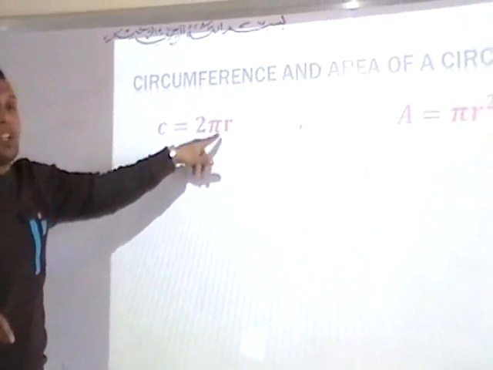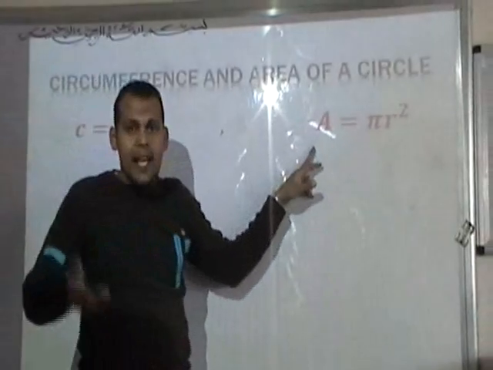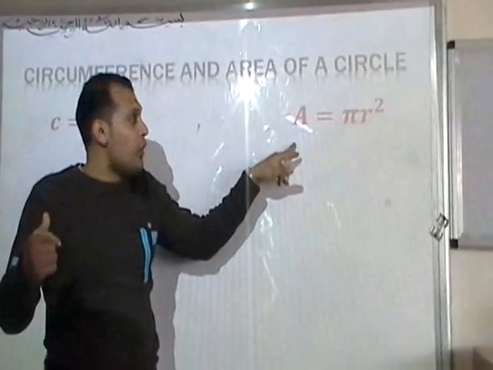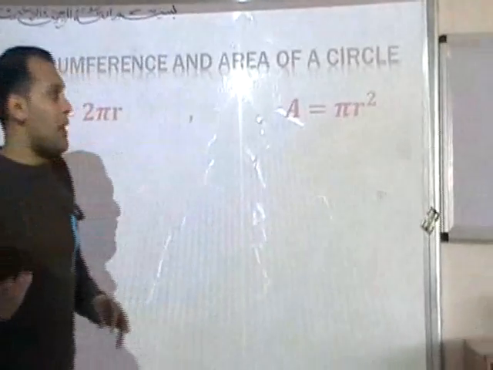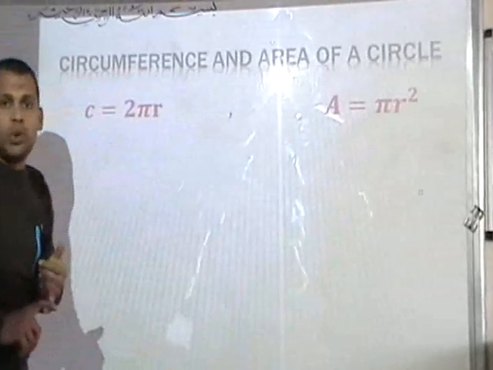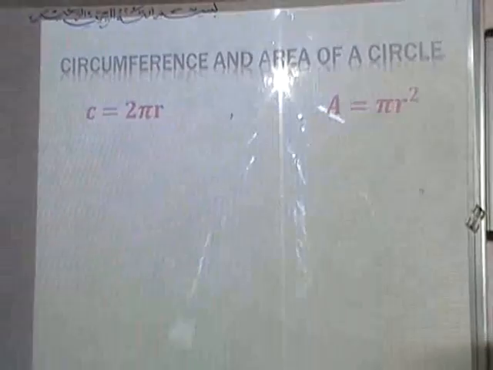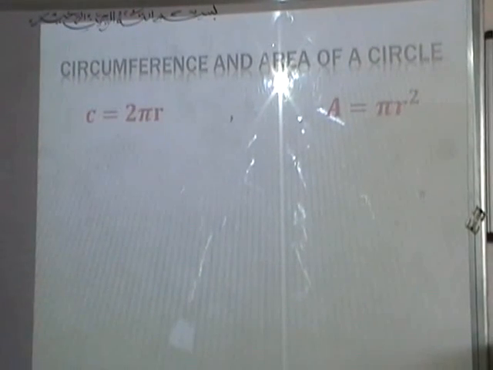So the circumference equals twice pi times r. After that, what is the area? As we studied before, the area of the circle is pi times r squared. If you have the radius and you have pi, which is 22/7 or 3.14, you can calculate the area and the circumference of any circle.